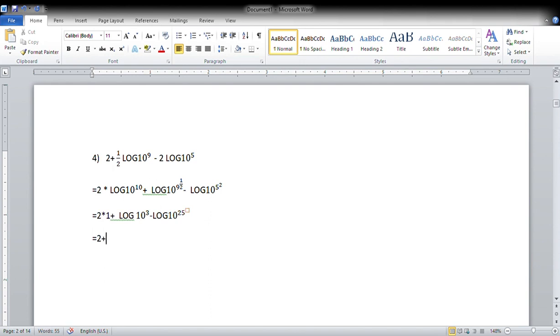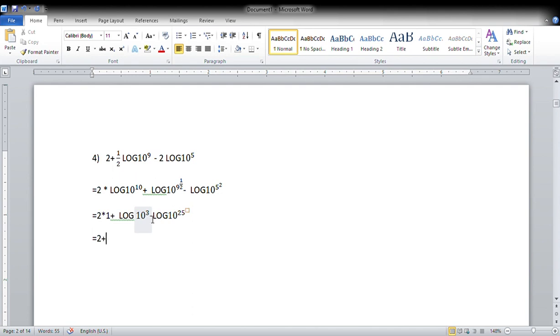log 10, just a minute, log 10, sorry. 2 log 10 to the power 10, 9, and simply we can write it as log 10, 3 plus log 25. I made a mistake there. 2 multiplied by log 10 of 9 is 3, right?